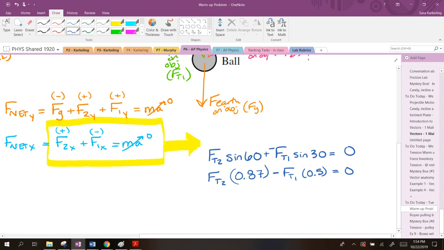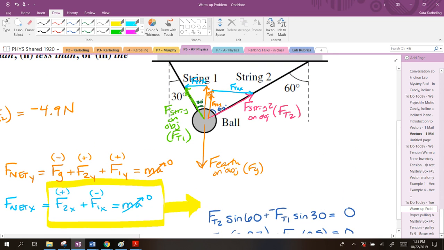What do you know about Ft2 as compared to Ft1? Which one's bigger? Ft1. It's got to be bigger. Does that make sense? Does it matter how much that object weighs or how much mass it has? No. Given those two angles, Ft1 will always be a bigger value.